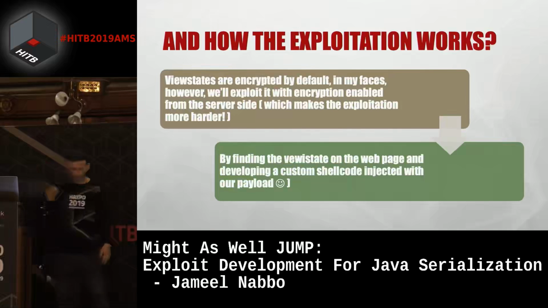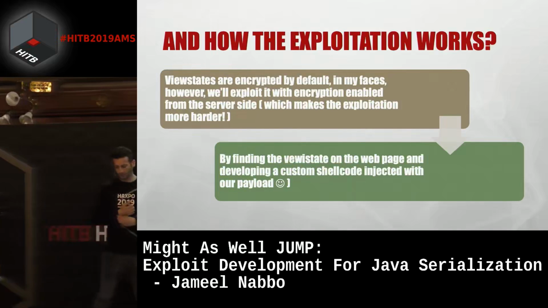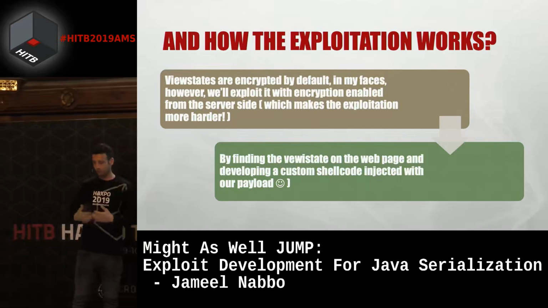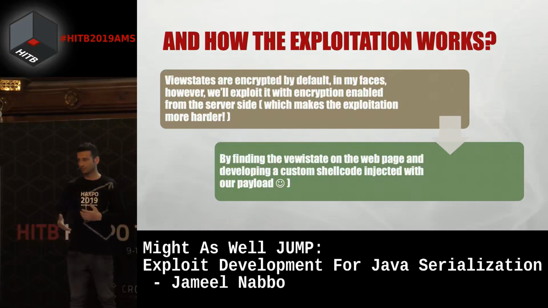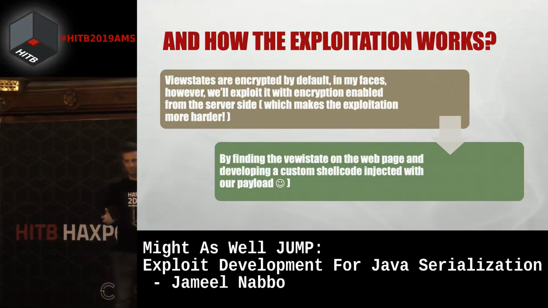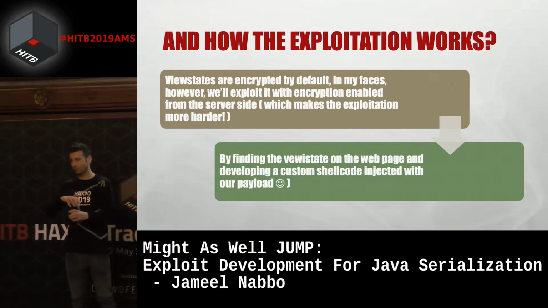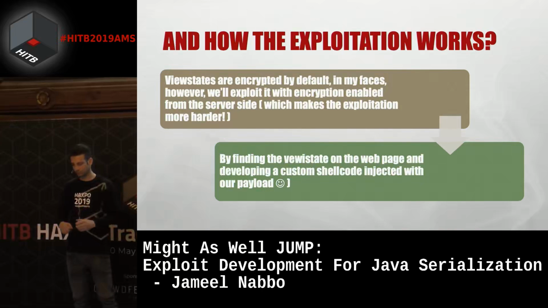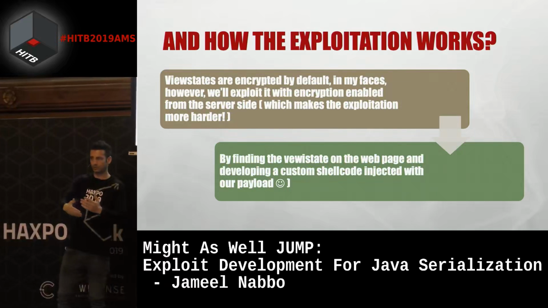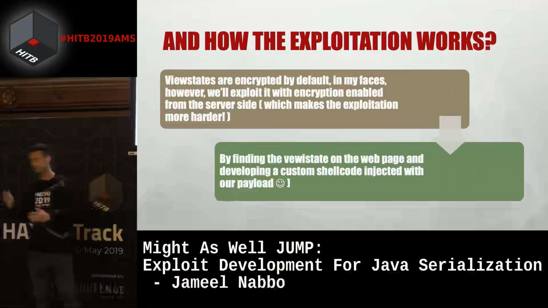As for how the exploitation works, we're gonna take it the hard way, which is we're gonna have a view state that is really encrypted, and we have a secret key and everything, but we assume we have the secret key, and we're gonna inject our customized payload into the shell code. So we have to make a shell code and then inject our payload within it, because here you have two stages of shell code.